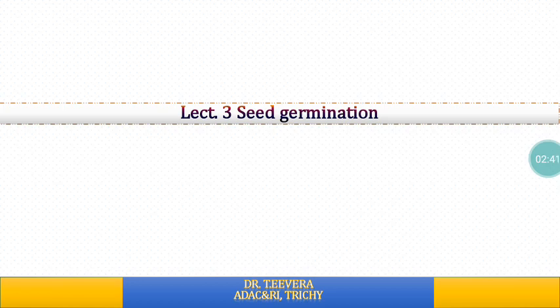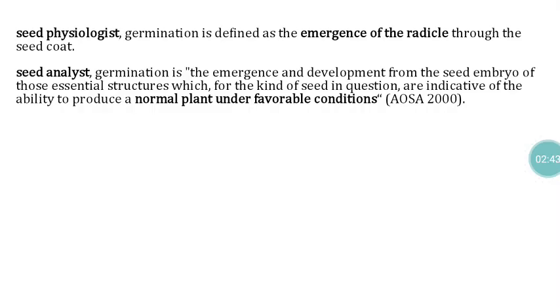Many definitions of germination have been given by people working in different fields. Here I have given definitions from the seed physiologist's point of view and the seed analyst's point of view. From the seed physiologist's point of view, germination is defined as emergence of the radicle through the seed coat. It is a mere emergence of the radicle through the seed coat.